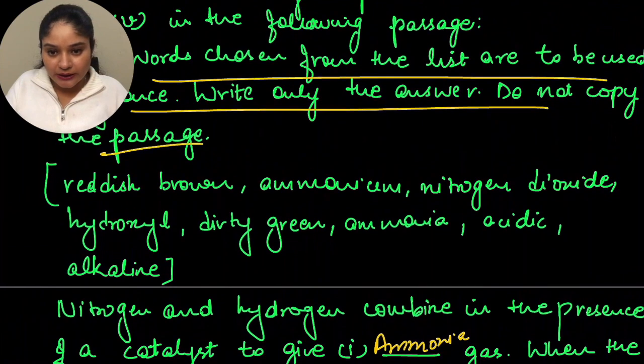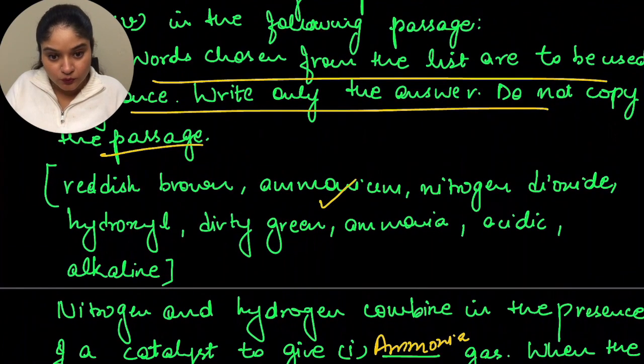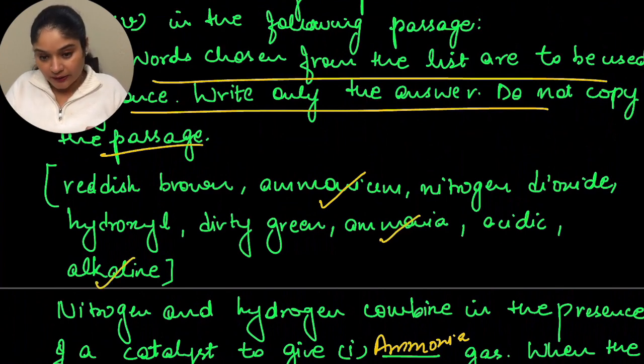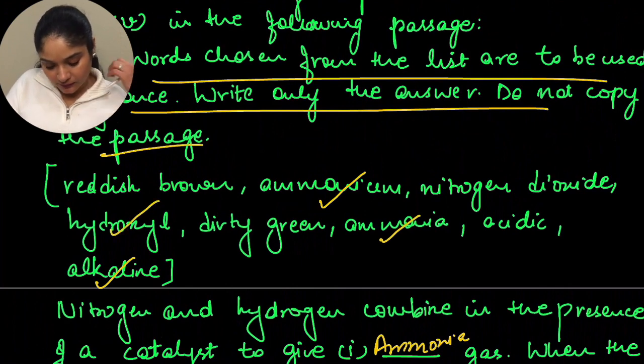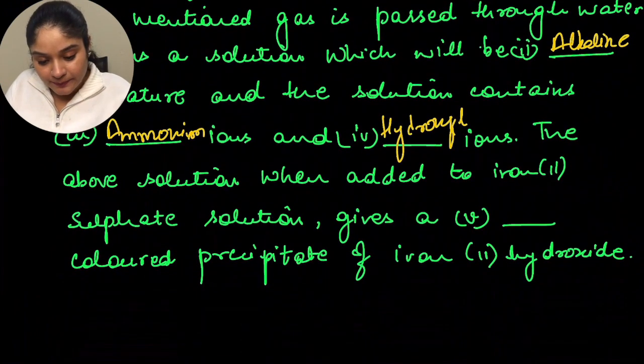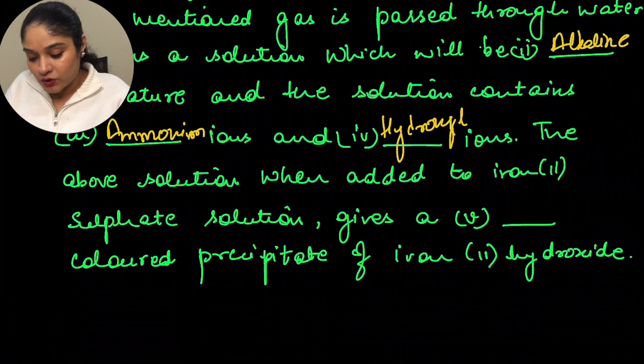So let's quickly tick out what you have used. You have used ammonium, you have used ammonia, you have not used acidic, we have used alkaline, and we have also used hydroxyl. Now let's move ahead. The next part says that the above solution when added to iron 2 sulfate solution gives a dash colored PPT of iron 2 hydroxide.